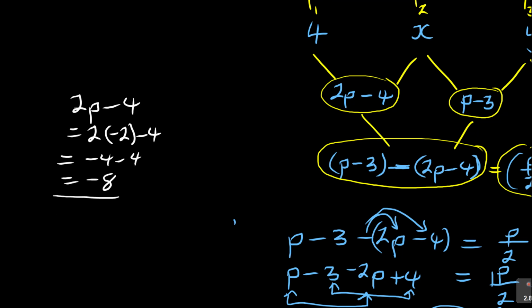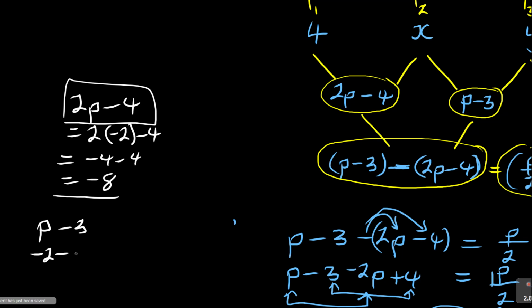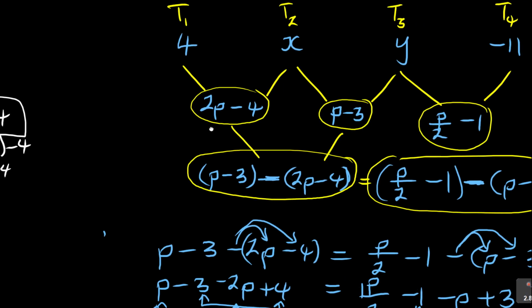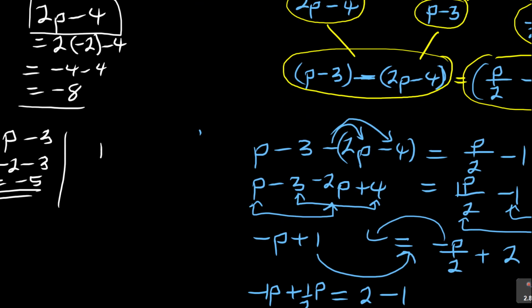And then the other one, that was p minus 3, which is negative 2 minus 3, which is equal to negative 5. And the other one was p over 2 minus 1, which is negative 2 over 2 minus 1, which is negative 1 minus 1, which is negative 2.